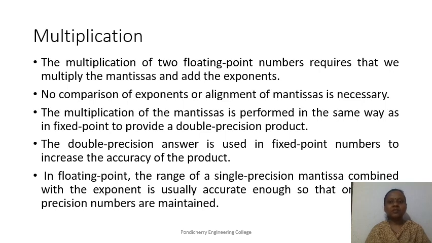The multiplication of the mantissa part is done in the same way as we do it for fixed point representation. So it's the same procedure we have to follow. One difference is in case of sign magnitude binary numbers, we have already seen the hardware multiplier part. There we had a double precision result.